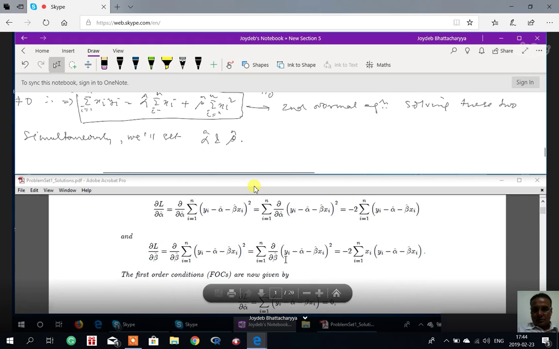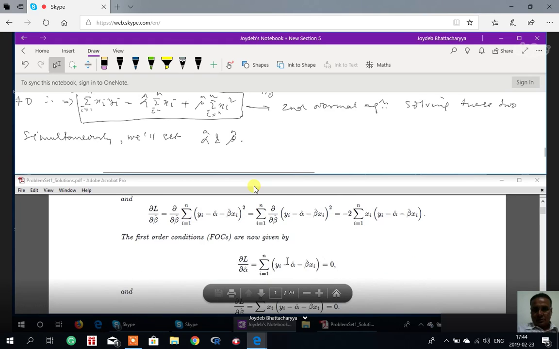Yeah, sure. This is the first order condition that I have shown in the above derivative you have seen. This is the first order condition, del L del alpha. Actually, they are using this L, Lagrange, in place of L. Sometimes we write summation ei square, I mean the error term square, it is the same. Different authors use different notations.